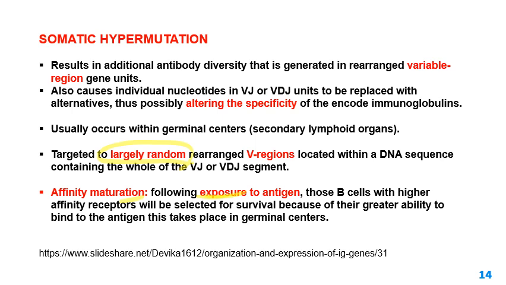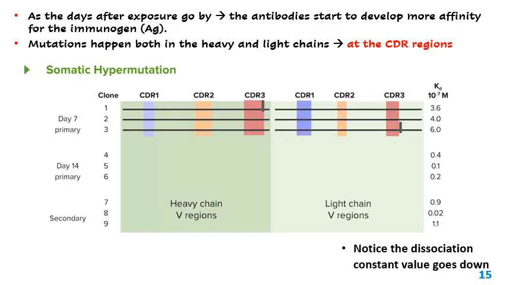Okay? Now, this is what happens to your variable region after the cell sees antigen. Not right away, because the cell has to divide, and then of course this is going to happen with the help of your T cells, right? Because B cells by themselves can't do much, okay?